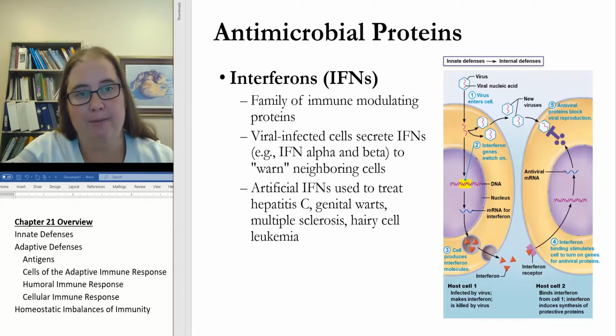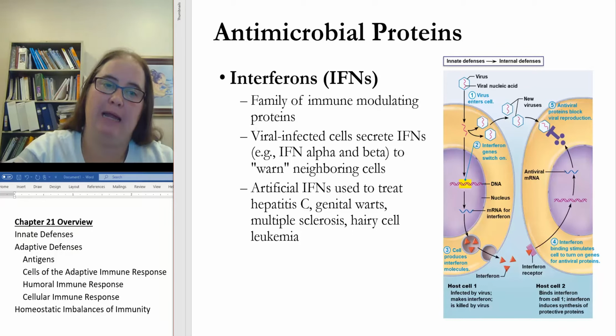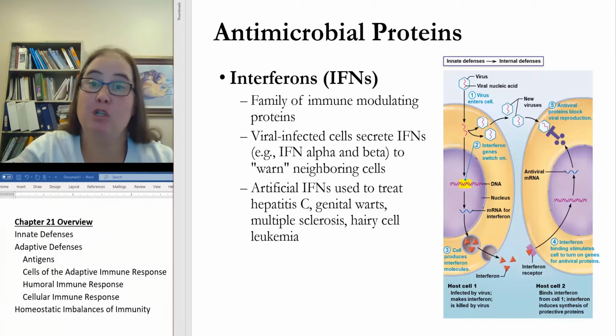And what happens is, under a normal circumstance, a virus will inject its genetic material into a cell. And it will utilize the machinery of the cell to make more virus.